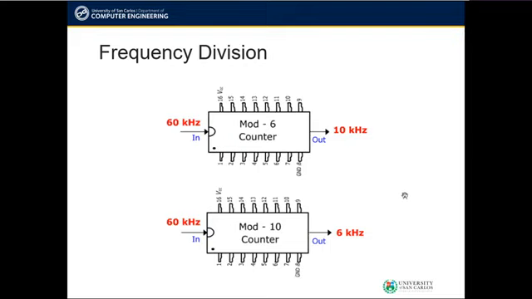Here, for example, you can create a modulo 6 counter using counter ICs to divide, for example, a 60 kilohertz signal to 10 kilohertz, or create a modulo 10 counter using counter ICs to divide the 60 kilohertz and generate a 6 kilohertz output. These implementations can be used for other similar frequency division applications.